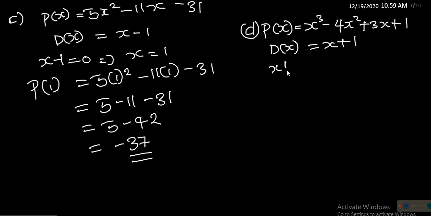Okay, so now let x plus 1 equal 0, then you have x equals minus 1. So the remainder will be p of minus 1. Let's find p of minus 1.